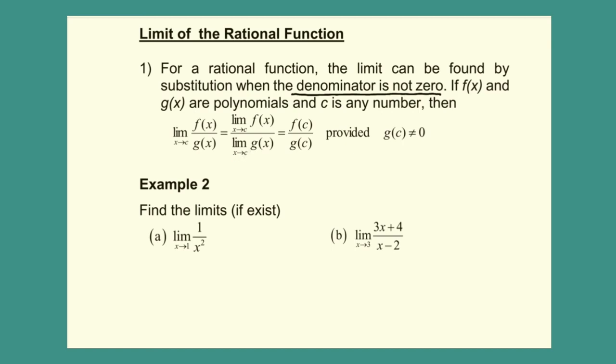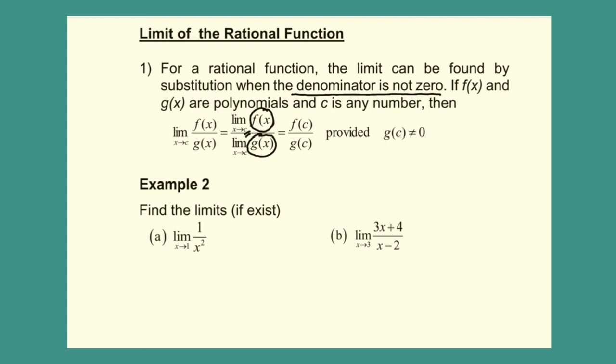This is by using property number 7. And then substitute x equal to c into the functions f(x) and g(x). This is equal to f(c) over g(c), provided g(c) is not equal to 0.